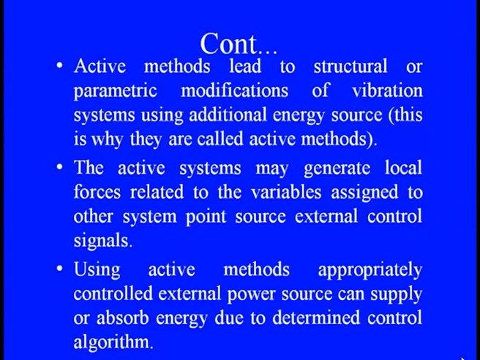And this active system can generate local forces related to the variable assigned to the other system where the point source is there to generate the external source signals. So, using this active method, appropriate control external power sources can be supplied, or even the absorbed energy due to a determined control algorithm can be put there itself to counterbalance the generated forces.